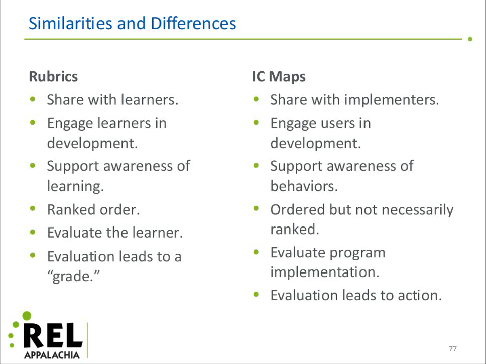Yeah. So some of those key differences are, for example, in a rubric, the order of levels is distinct and it's ranked, but variations on an IC map, at least with the exception of ideal and unacceptable variations, may not necessarily be in any kind of ranked order. There may not be a way to rank order some of those variations in the middle.